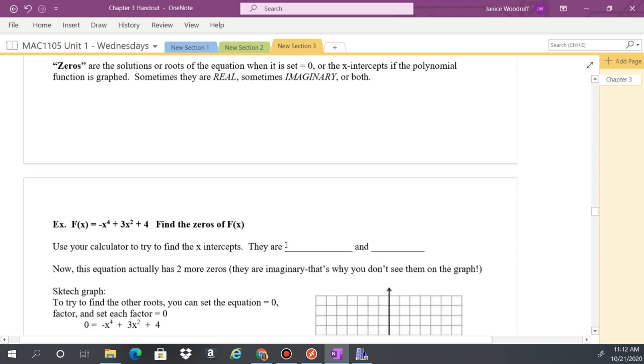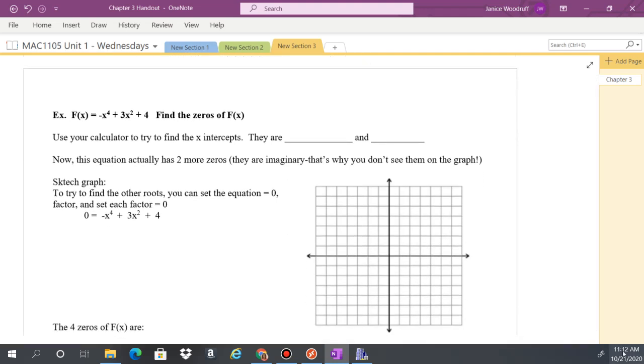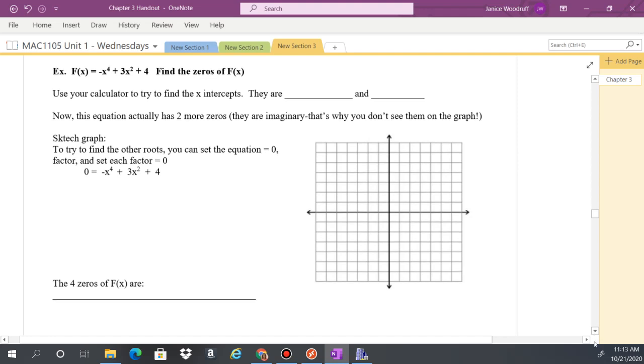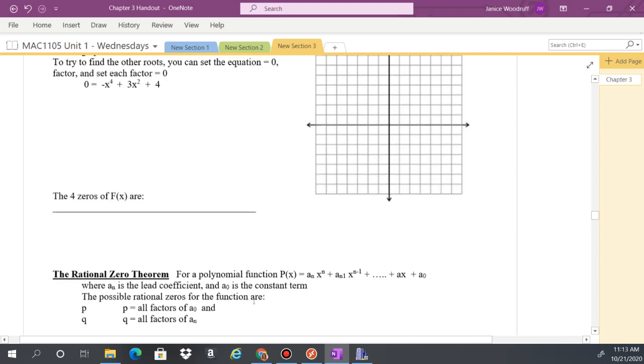All right, so here is the process for finding the zeros of a function. We're going to start with this function here, -x^4 + 3x^2 + 4. So we're going to start by using our graphing calculator. If you do not have a graphing calculator, there's a process to go through with plugging values in, which we'll look at just after this.